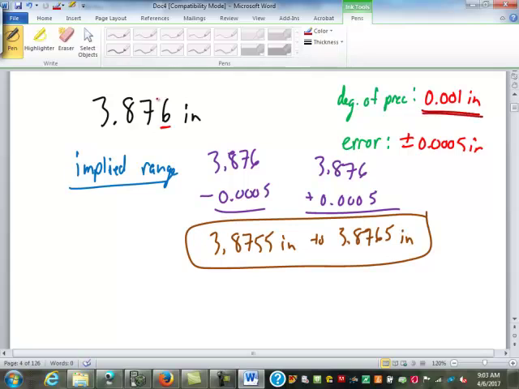Your allowance is your error. A lot of people mix those two up. They say that this is plus or minus 5/10,000ths tolerance. No, that's an allowance. Your tolerance is actually the difference between your maximum size and your minimum size. So if you've got a plus or minus 0.05 allowance, that's a 0.1 tolerance.